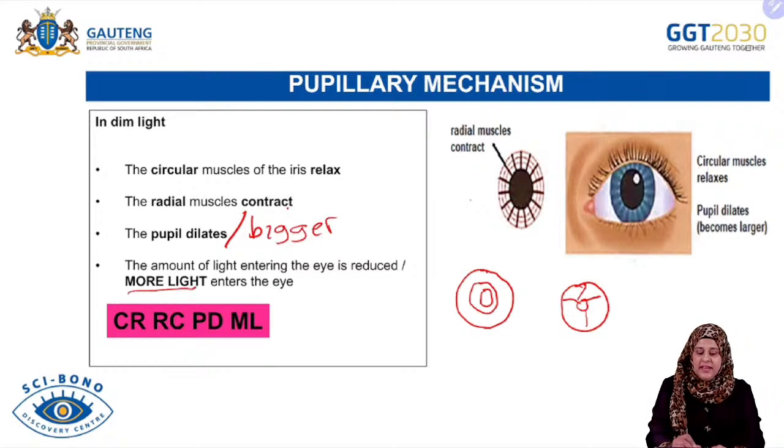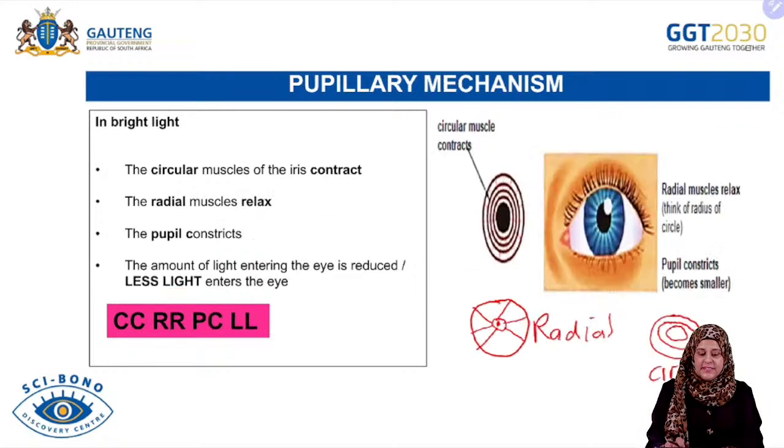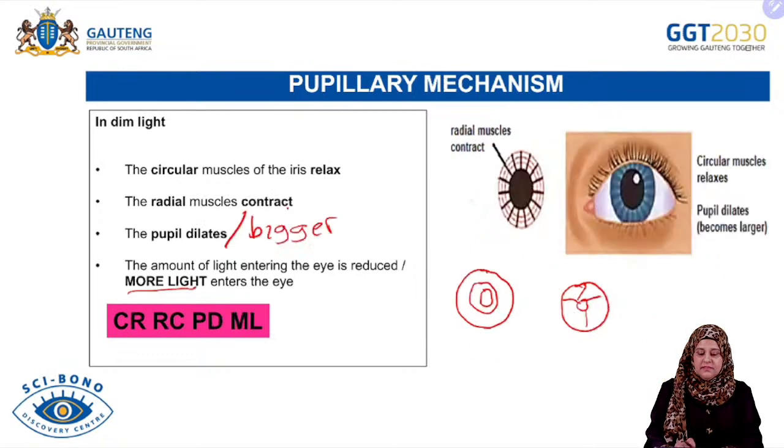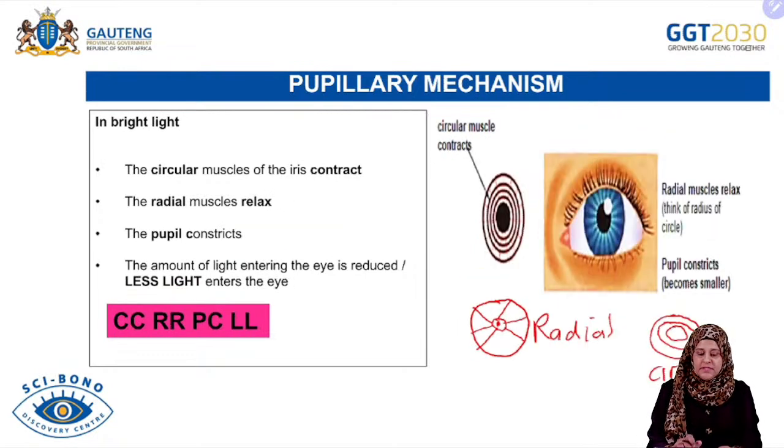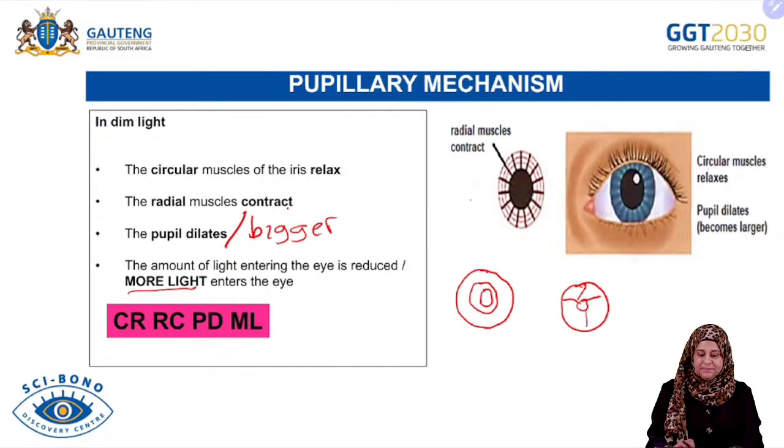And here you can learn this mnemonic: CR, RC, PD, and ML for more light. But if you learn the one for bright light, then you know that for dim light it will just be the opposite. So when I say opposite: circular muscles relax, radial muscles contract, pupil dilates, more light enters. Okay, it'll just be the opposite of this one here.